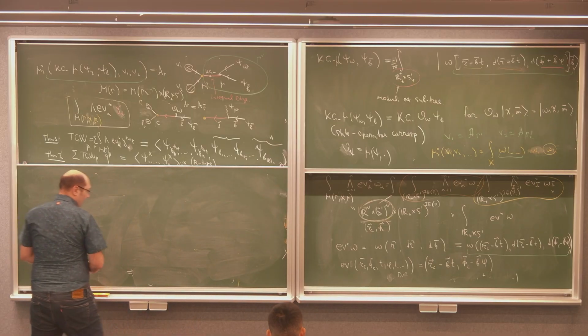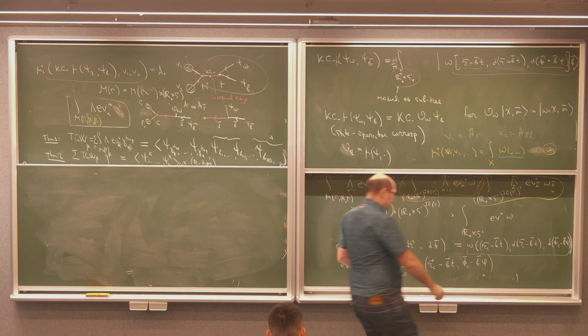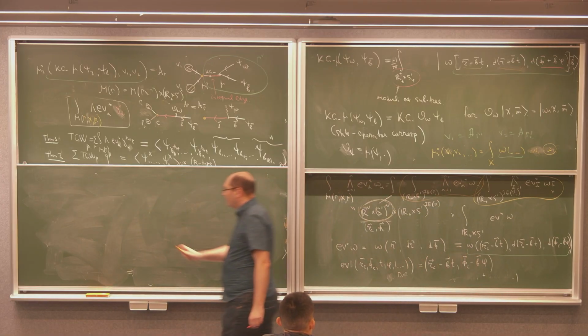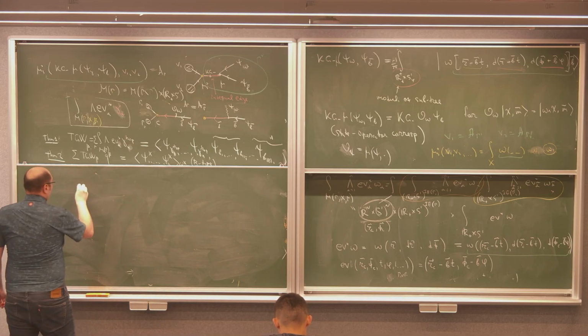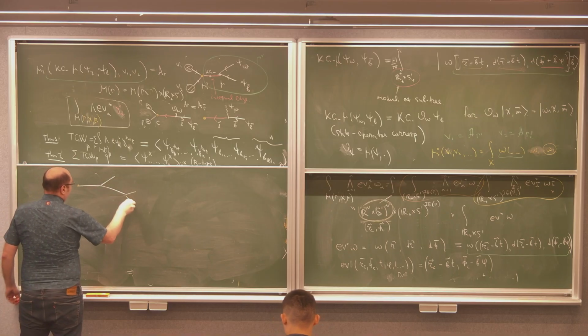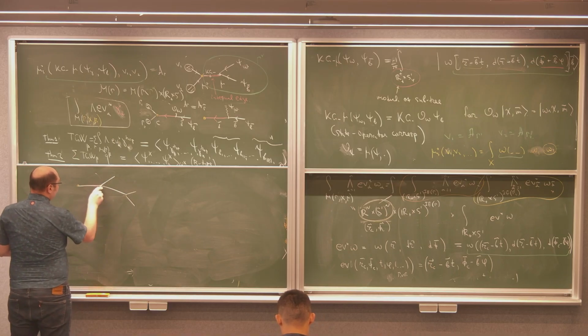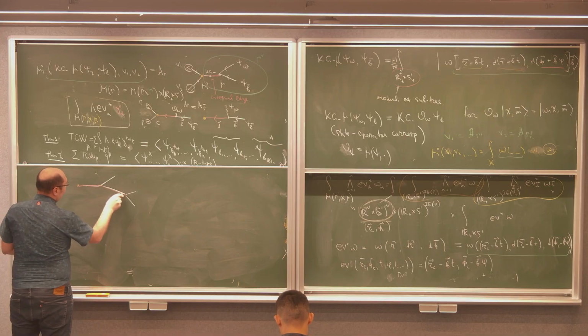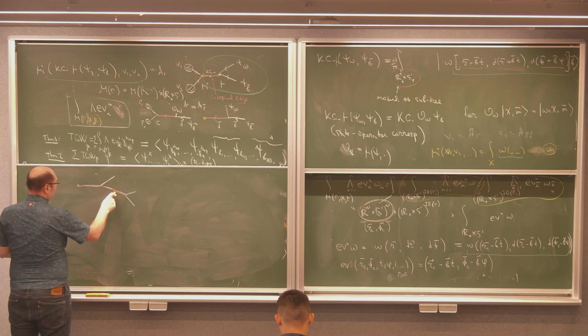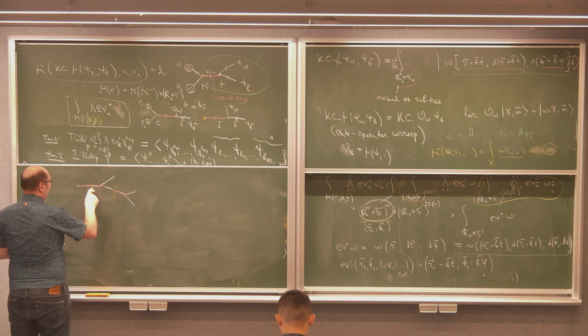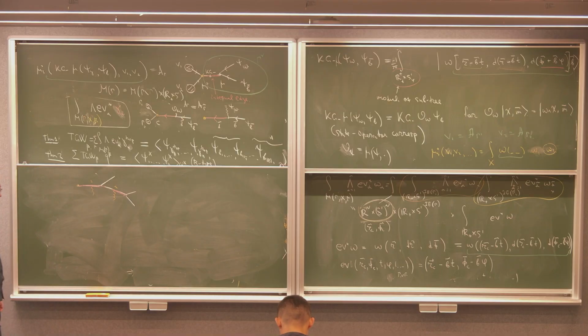So if we have a more complicated situation, say we have a center of mass vertex, and we have some story like this. So we have this internal edge and this internal edge, and say we have two observables, marked point 1 and marked point 2 here.